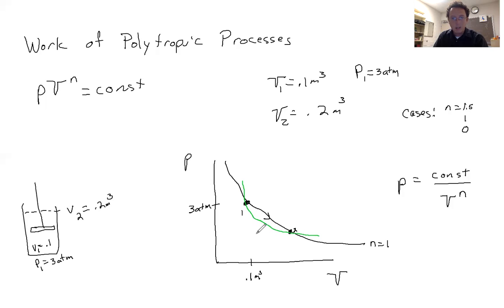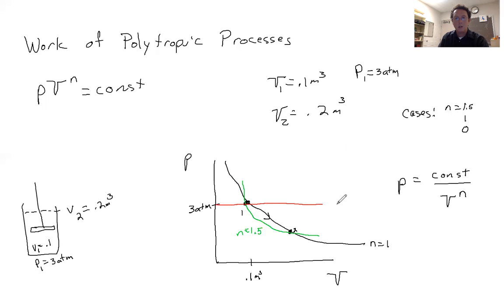This would be n equals 1.5. It's more extreme, but similarly shaped. And then what about n equals 0? When n is equal to 0, this becomes a constant, and you're saying pressure is a constant. So we'll do that one in red.